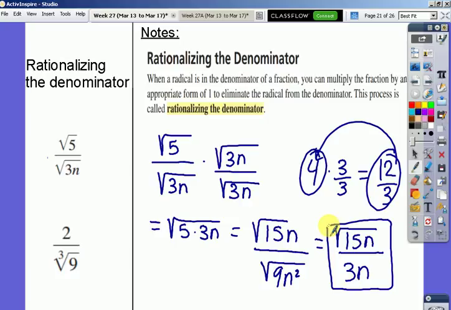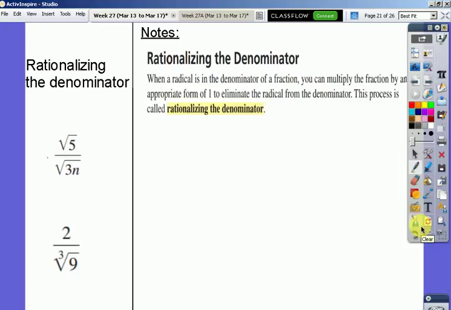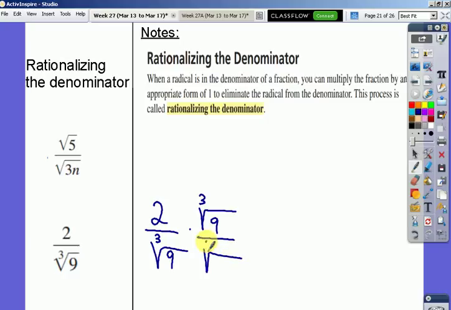All right, so on the next one, we're doing the same thing. We are rationalizing the denominator. Multiplying both the top and the bottom by the cube root of 9. So in the top, I have something on the outside, so I can't just automatically put it on the inside.